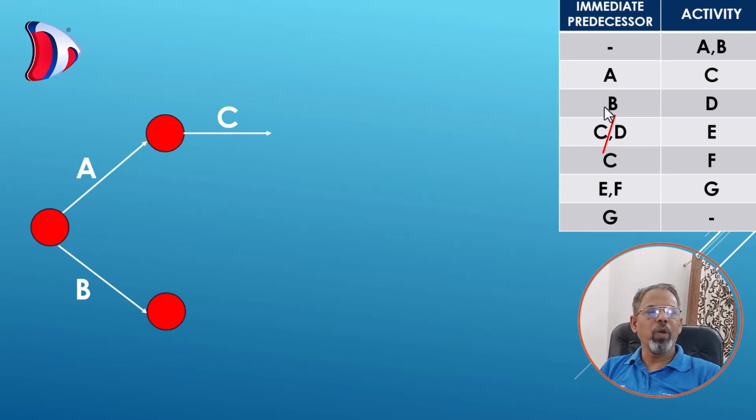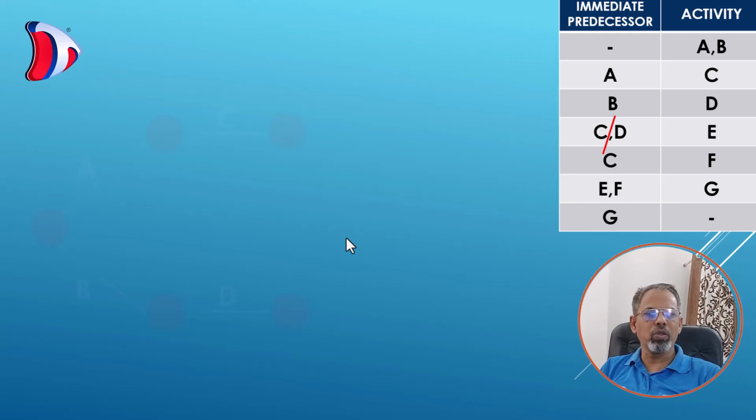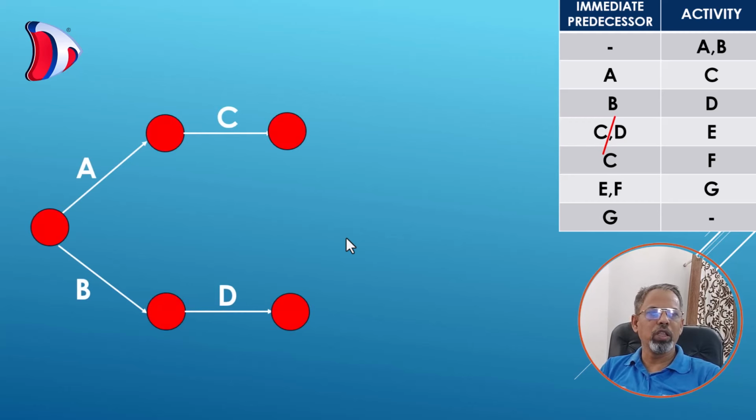Similarly, from activity B, activity D is originating. So again we will give rise to activity D originating from activity B. Here also I hope this step is very clear to you.